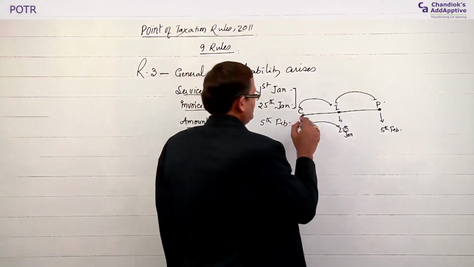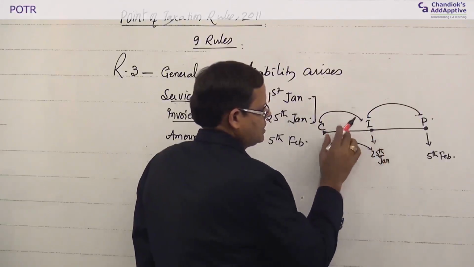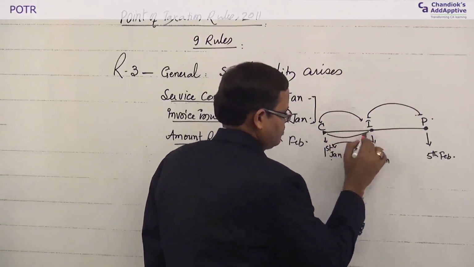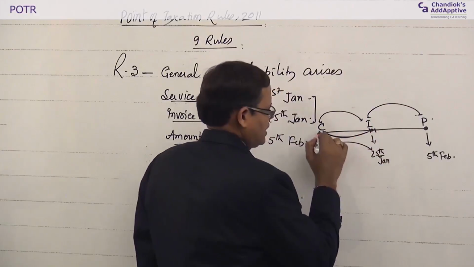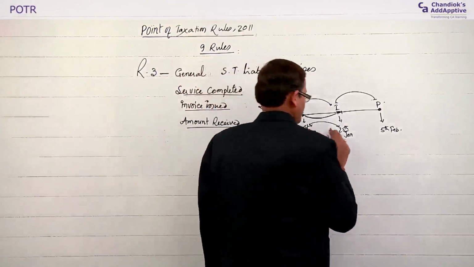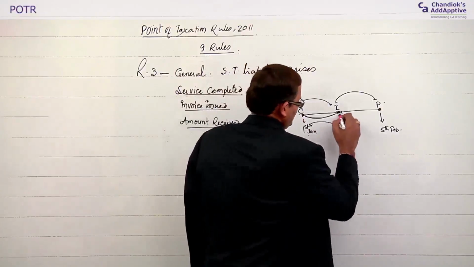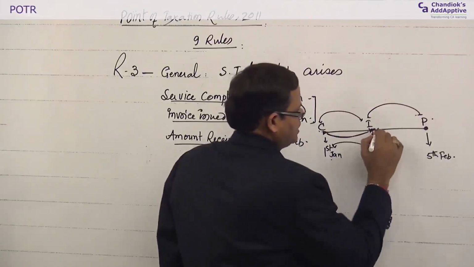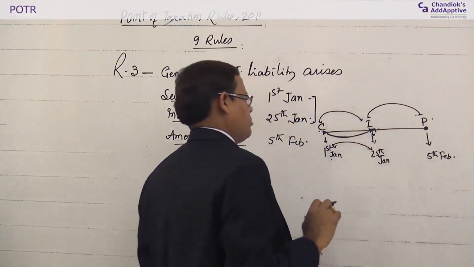Tax liability did not arise at the start, it arose on 25th January. So you can enjoy the benefit for 25 days, and from this particular point, you have to make the payment.